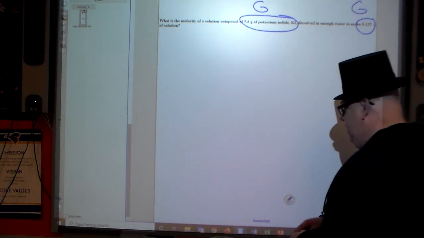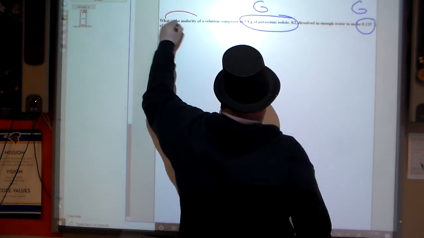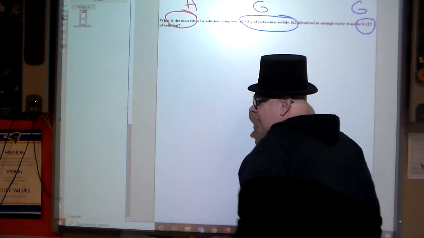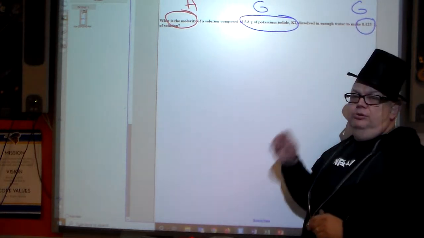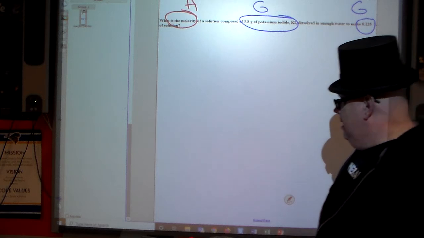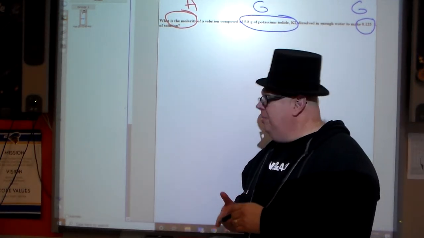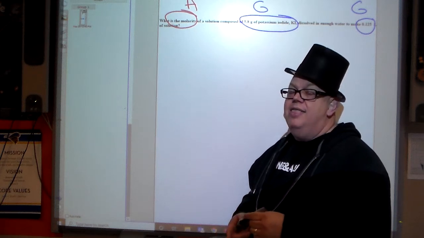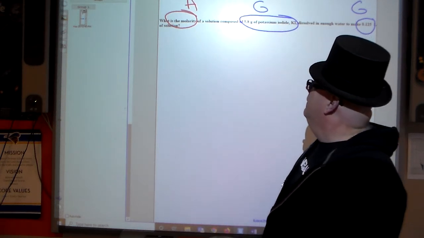Now, what am I asked? I am asked for the molarity. That is what you guys have to be able to do: what is given and what is asked. They give you the grams and they give you the liters.